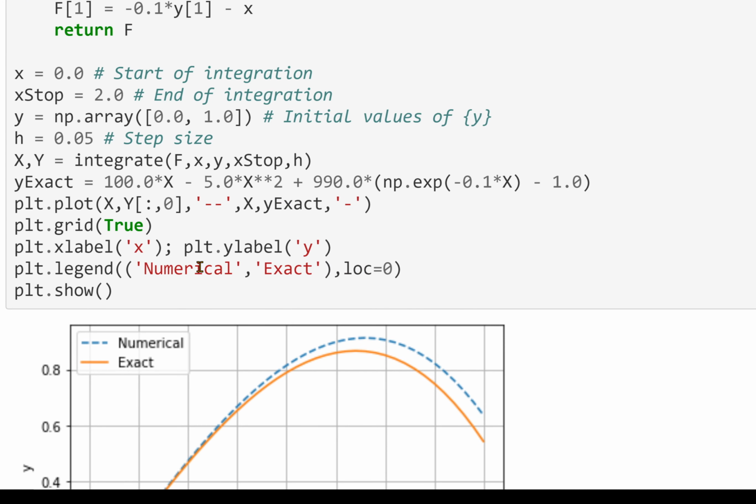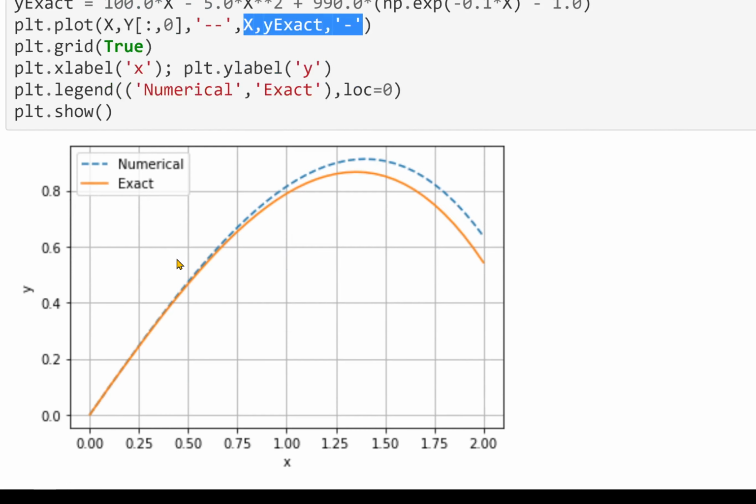So we plot that one. This is our numerical method, the one in the dotted line, while the exact is in the straight line. You see here the difference, no? The difference between our numerical method and the exact solution.